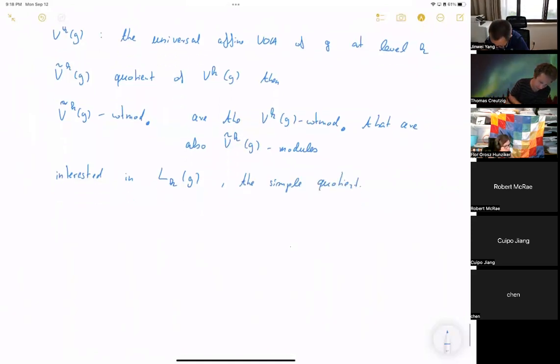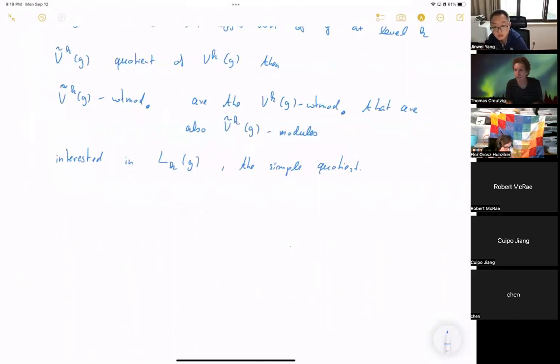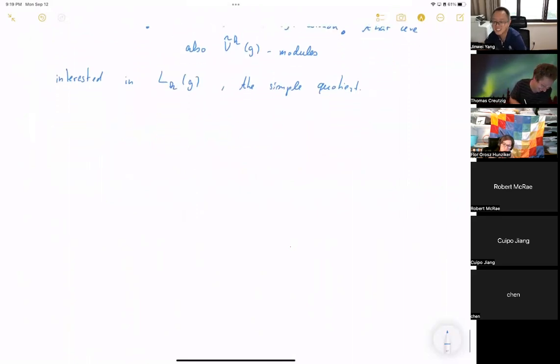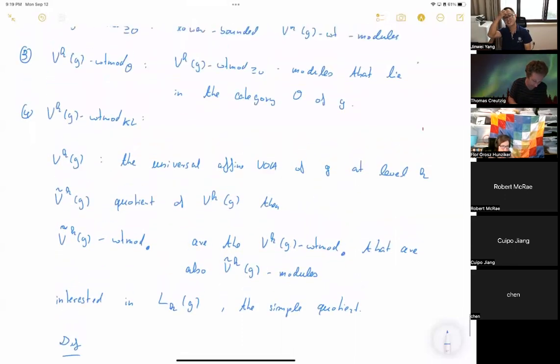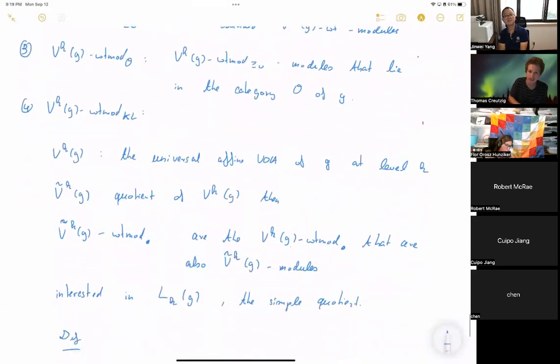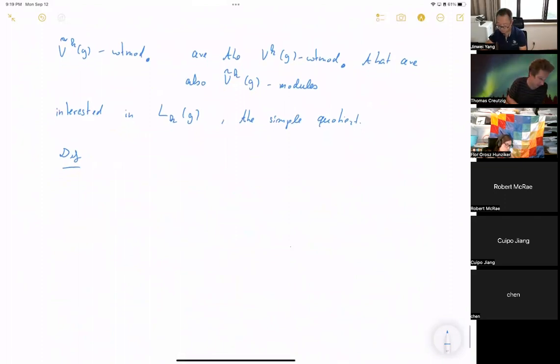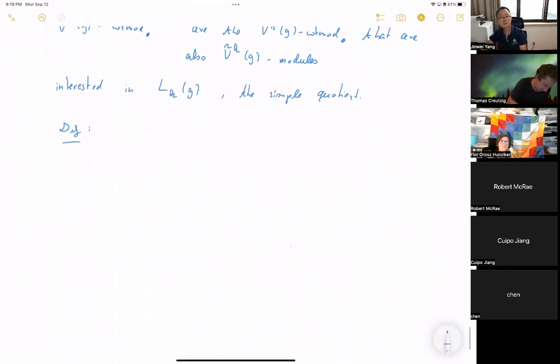Okay, so let me spend the rest of the lecture, maybe the rest of my day, telling you a little bit what we know about these categories, in the special case that we take the simple VOA and we choose this level k to be special. So what does it mean, special?